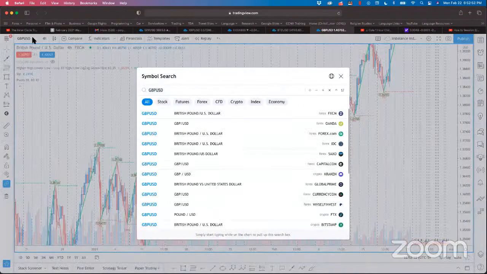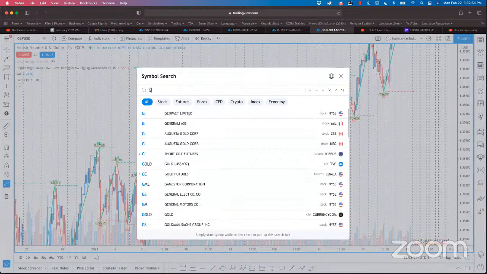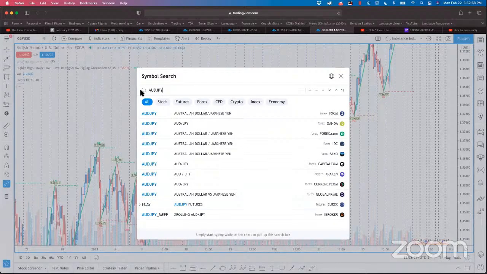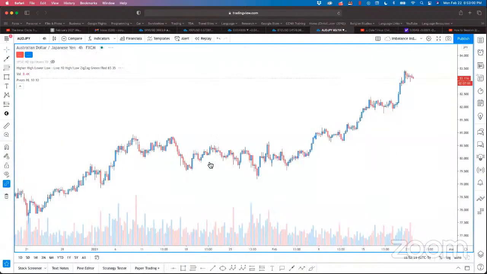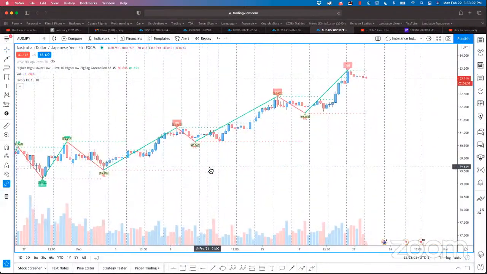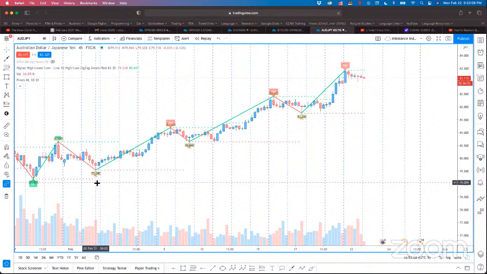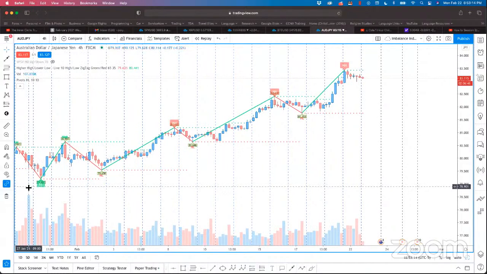If we look at something like AUD JPY, let's see when this moved the most. 9, 9, 9. Interesting, this one's still moving at the same time.